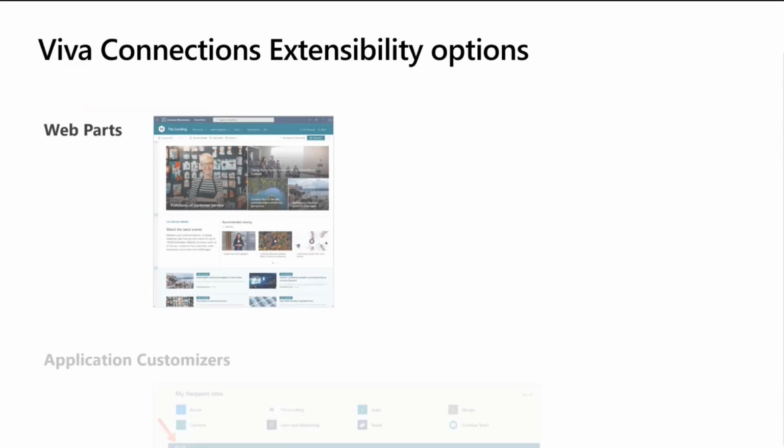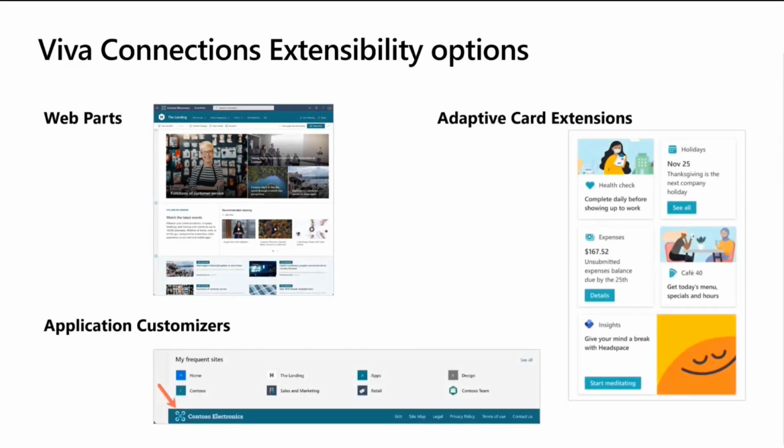Just to recap again on the Viva Connections extensibility options, there are 3 different options which we go through within this learning path as well. You can create web parts, which are configurable by the editors who are designing the Viva Connections desktop experience, so they can modify the properties and how the behavior is done. There are the application customizers, which are exposed on every single page in Viva Connections, so you can use them to embed, for example, headers and footers in the page.